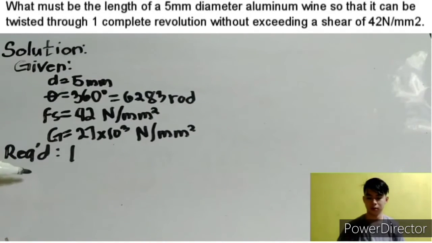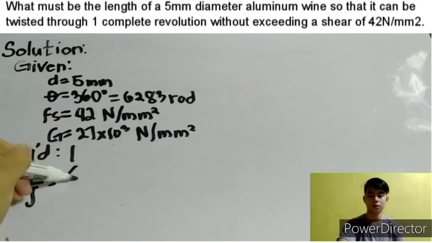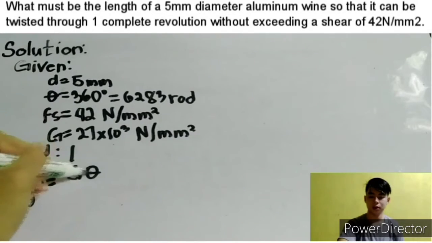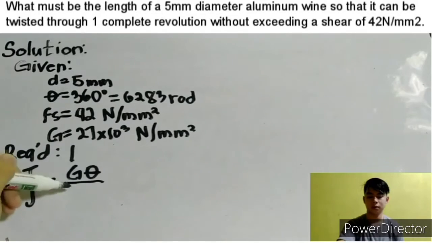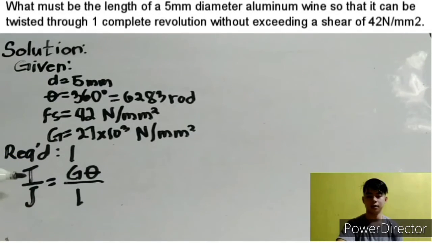The formula is T over J equals G theta over L.